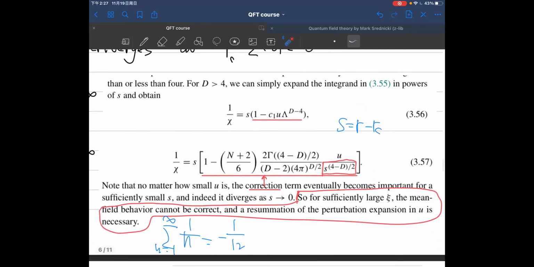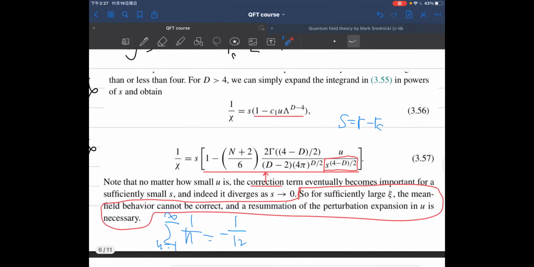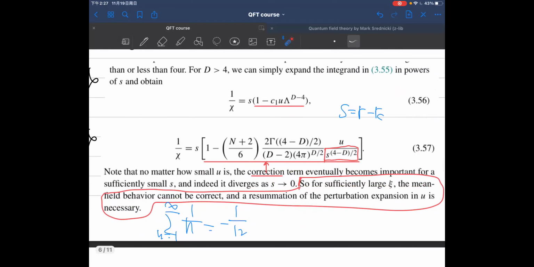You see that when your system approaches the critical point, an arbitrary small perturbation can have a divergent effect on your physical observables. Such a thing cannot be correct. So the perturbation expression in U is not correct.